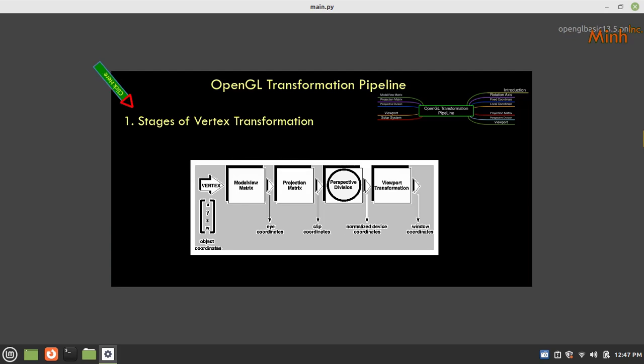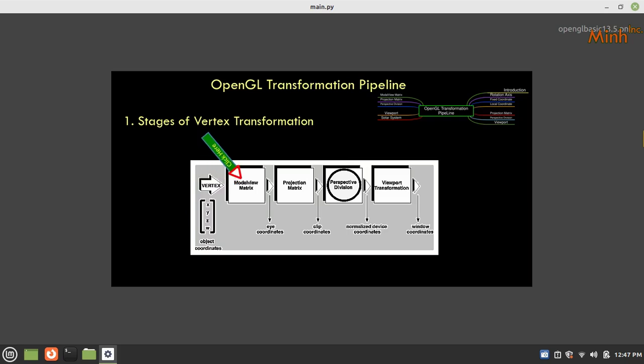Okay. If I talk about the stages of vertex transformation, the first stage is the vertex XYZ, the coordinates of the vertex. If I have a model, what are its coordinates? It is kept at the origin. So that is the vertex coordinate.